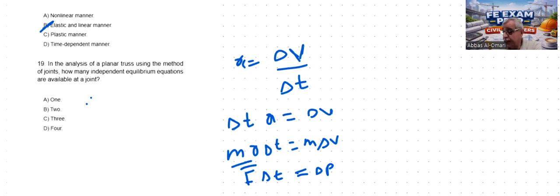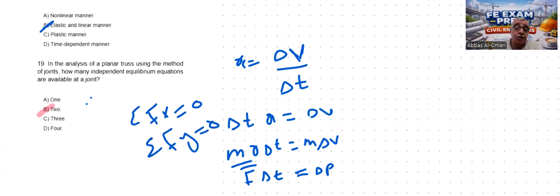At a joint, we have two equations, which are sigma fx equals 0 and sigma fy equals 0. These are the equations that we can apply at the joints. Now, when we make a cross section, we have an additional equation, which is sigma moment at a certain point equal to 0. Next question.